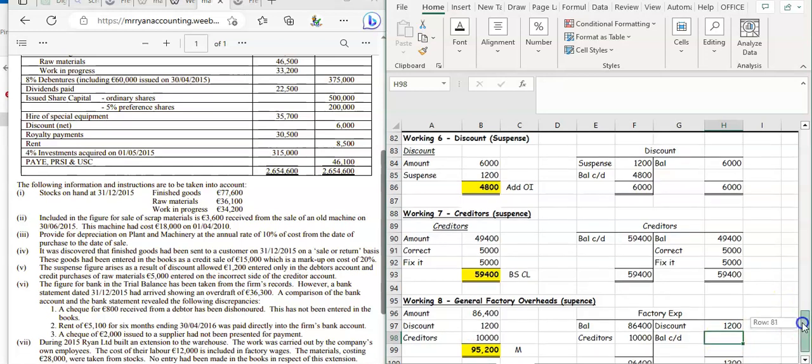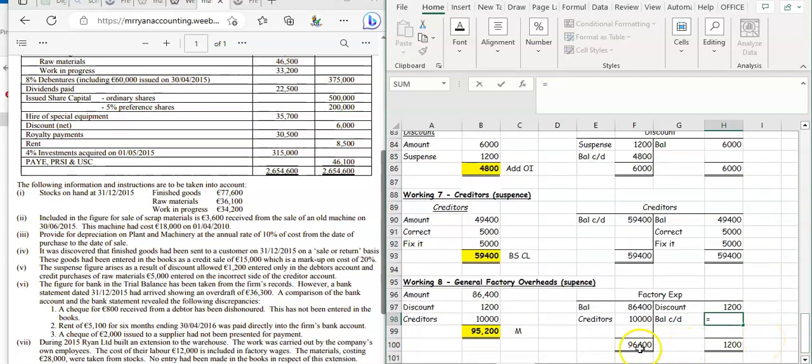So our factory overheads new balance figure is going to be 96,400. Take away the 1,200, so 95,200 is the new factory overhead that goes into your manufacturing account.